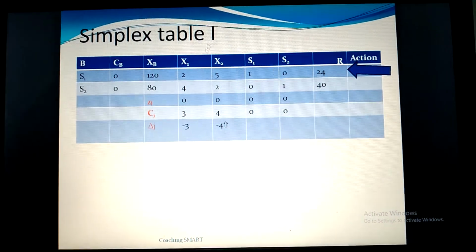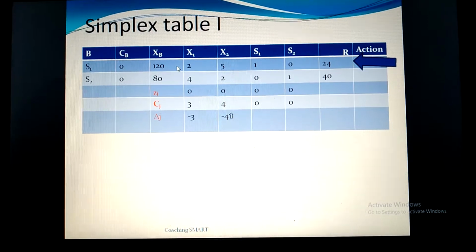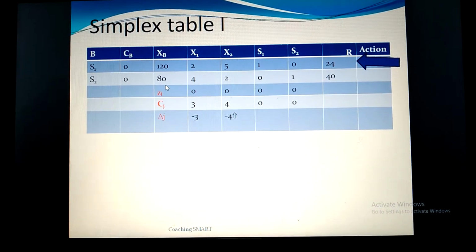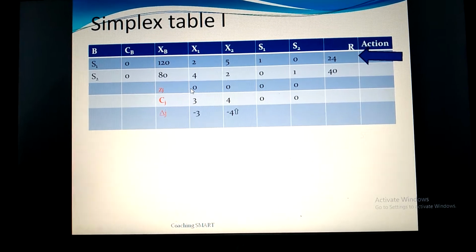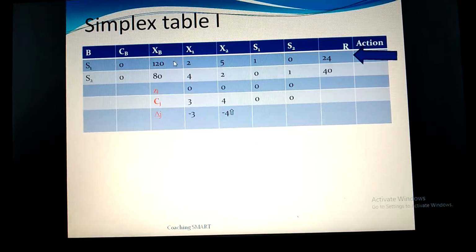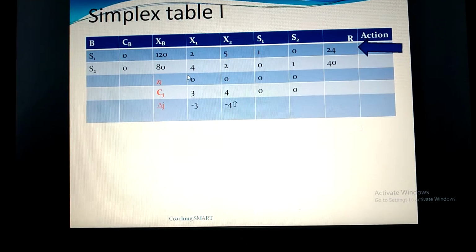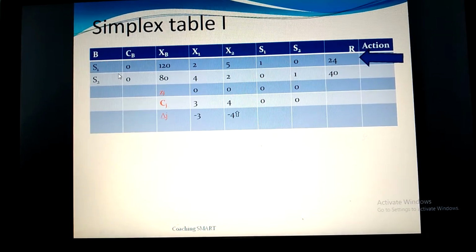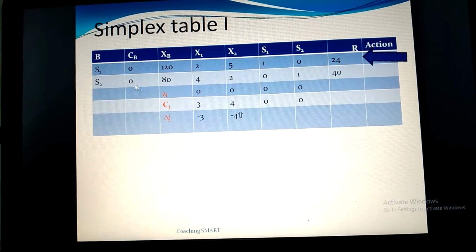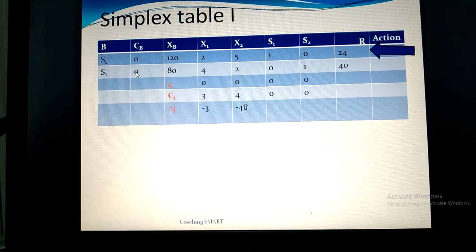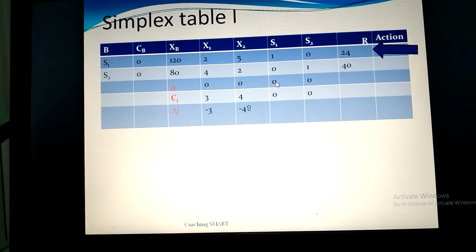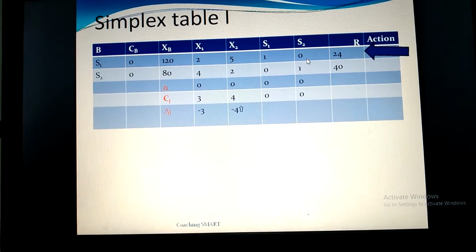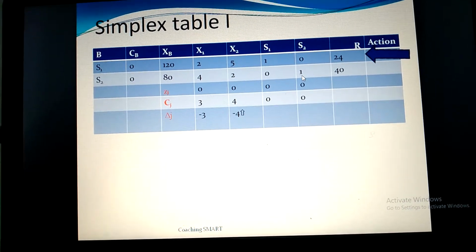Now we do the calculation. 0 times 2 plus 0 times 4 is 0. 0 times 5 plus 0 times 2 is 0. 0 times 1 plus 0 times 0 is 0. 0 times 0 plus 0 times 1 is 0.